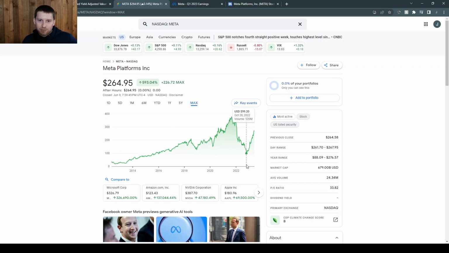It was insane. I mean, you look at it, it was $88 at one point, right? I'm not going to really see that on Google Finance, but it was $88 at one point, and that is essentially going back to 2015, 2016 prices. I think this could have been probably the accumulation opportunity of a lifetime.